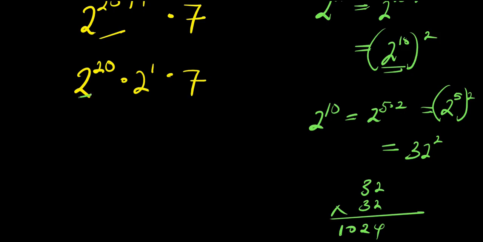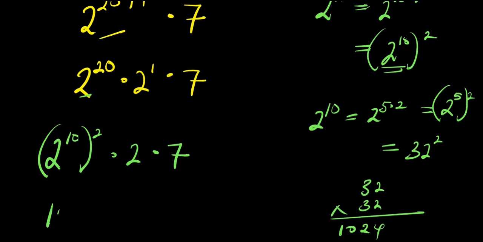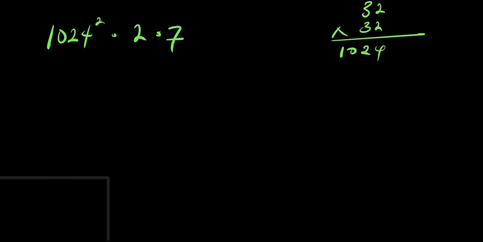That means 2 power 20 is 2 power 10 to the power of 2 times 2 times 7. This is 1024 power 2 times 2 times 7. And 1024 power 2, what is the value?